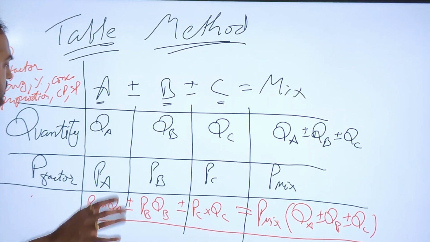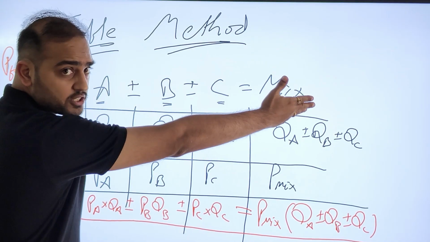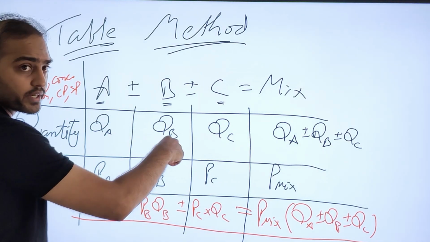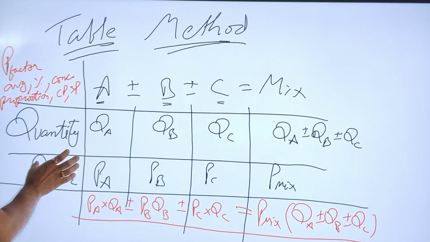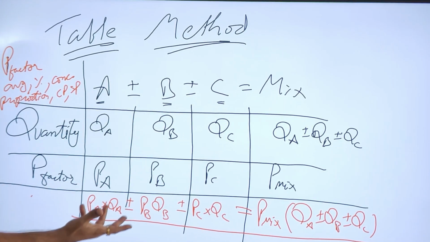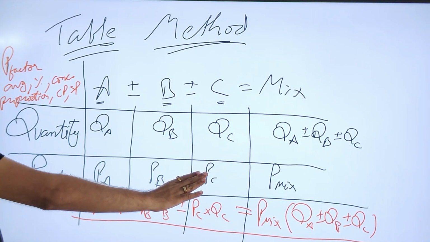So all you have to do is write down what is being added or mixed with what to give you the mixture. Write down the net quantity based on this. Then decide a factor: read the question and decide which factor, whether percentage, concentration, cost price or selling price, you want to make your equation for. Pick one and keep it uniform.